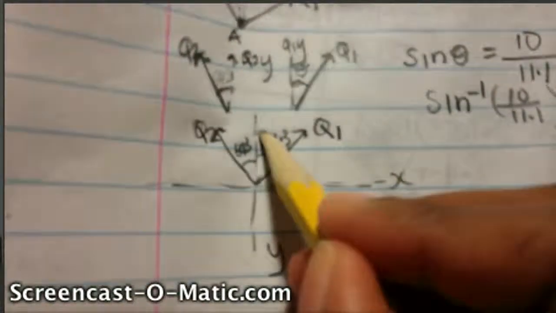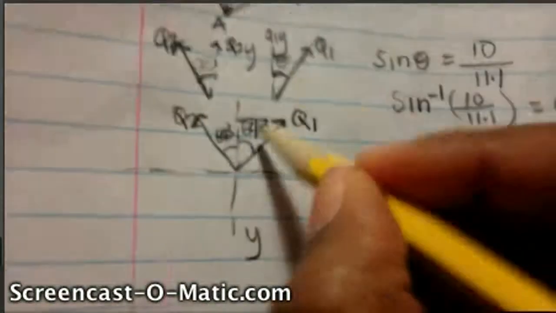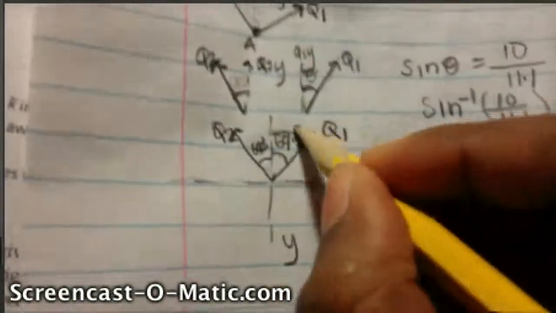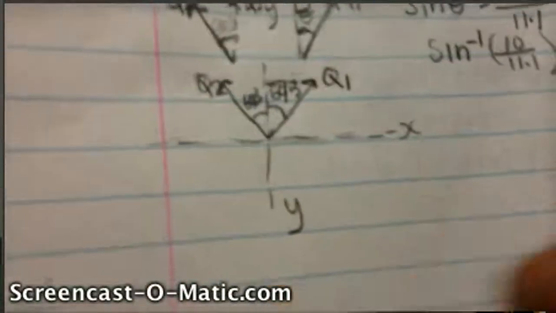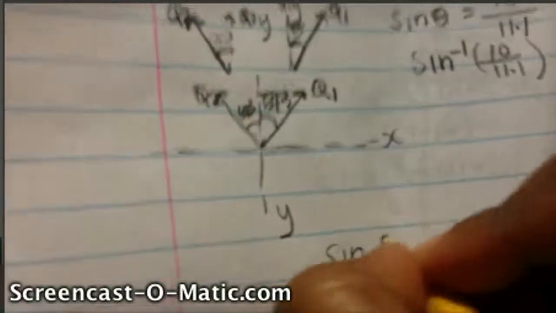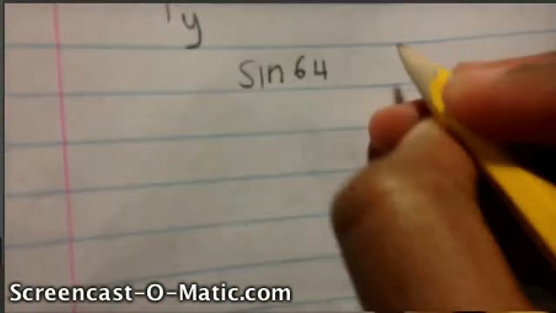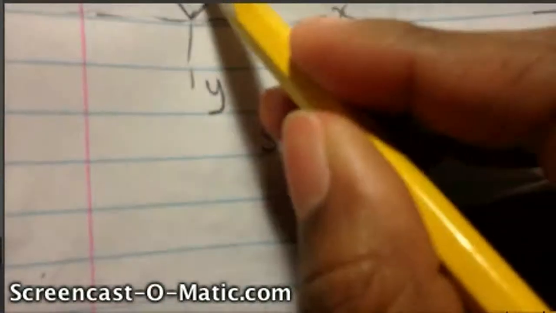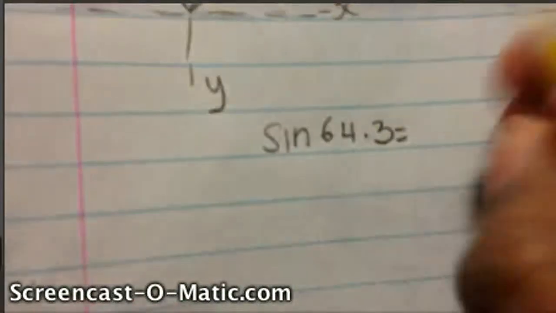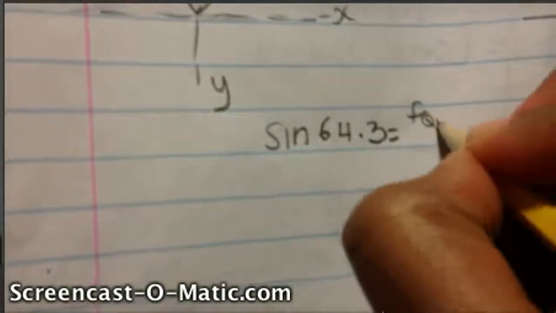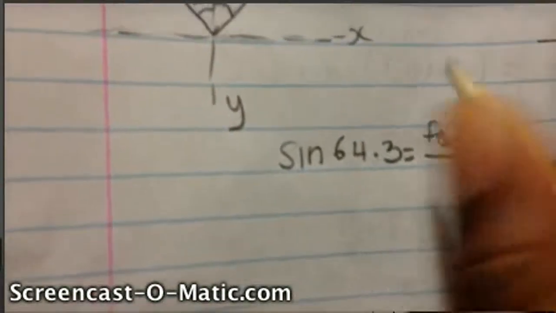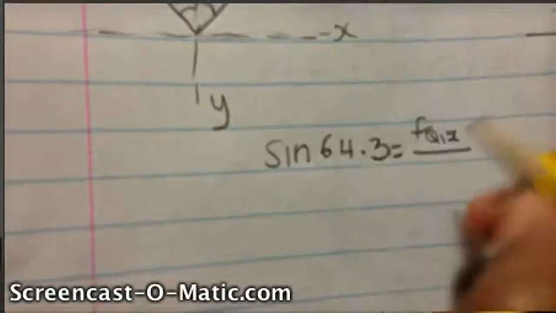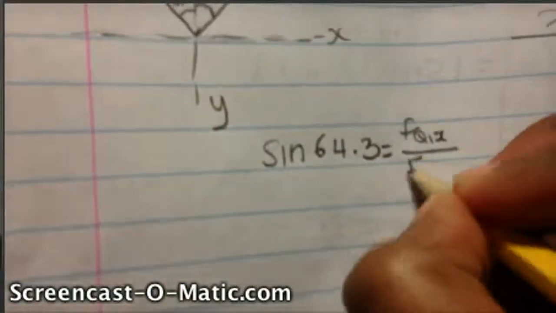So I'm going to draw a line across. We know that theta is here, and we're trying to find this. So it's going to be sine 64.3 equals, opposite is the force of Q1 in the x direction, over Q1.